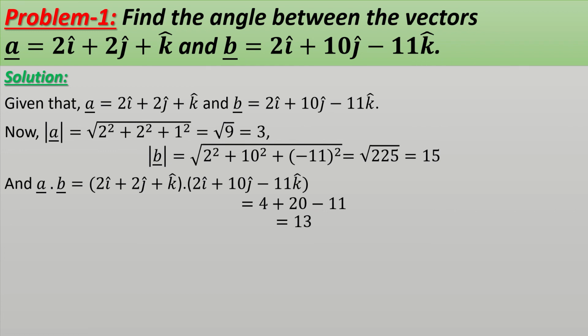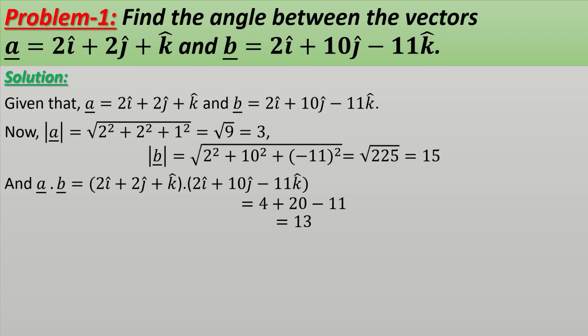But we have to know the formula of the included angle. What is the formula? I have explained: cos theta is equal to A vector dot B vector divided by the absolute value of A vector into the absolute value of B vector. Therefore cos theta is equal to this, so theta is equal to cos inverse of this.